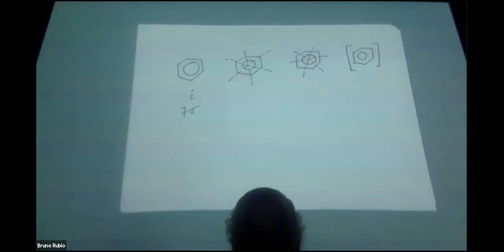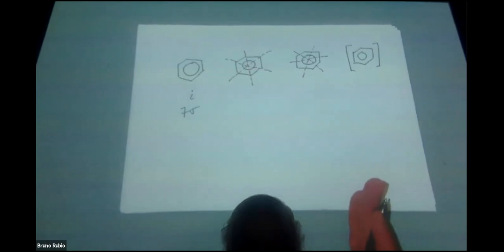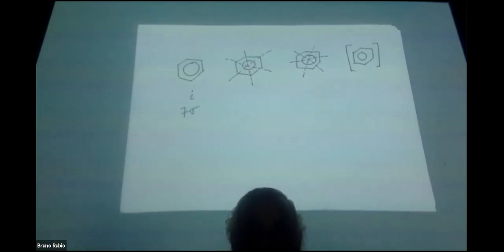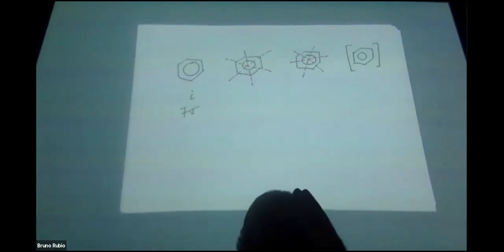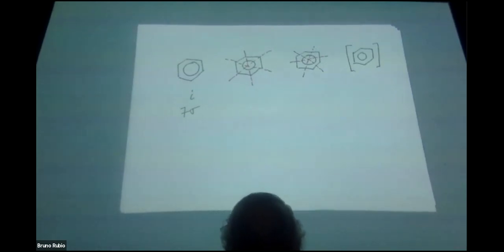A rotation of 180 degrees that gives you the same before and after picture is C2. Rotation of 120 degrees, same before and after picture, invariant to rotation, that's C3, and so on and so forth. So tell me about the C2 axes of benzene, if it has any.